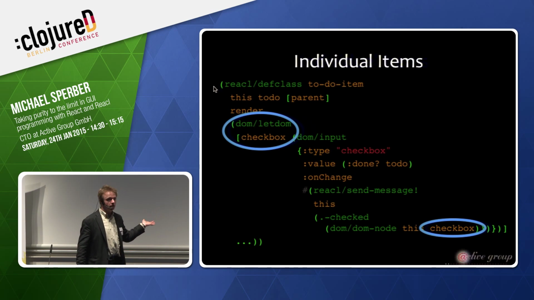I think that HTML notation is mainly useful for designers who know HTML but who don't want to do JavaScript, and we just don't have any in our organization. It might be that in some future collaboration with a designer, somebody tells us, well, if I could only write HTML syntax, then we would do that. And I don't think it would be a big deal. I don't know how to make ClojureScript do this with reader macros or something. But actually, Reacl has something very similar that lets you write XML syntax.